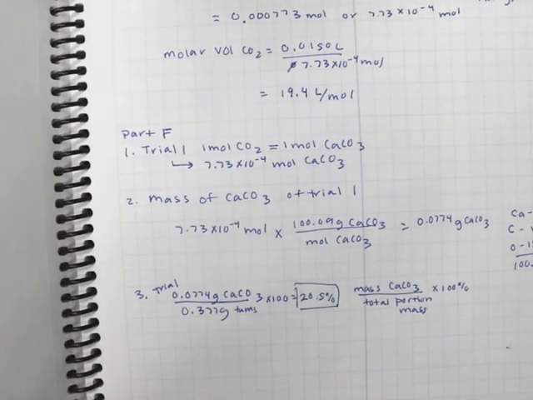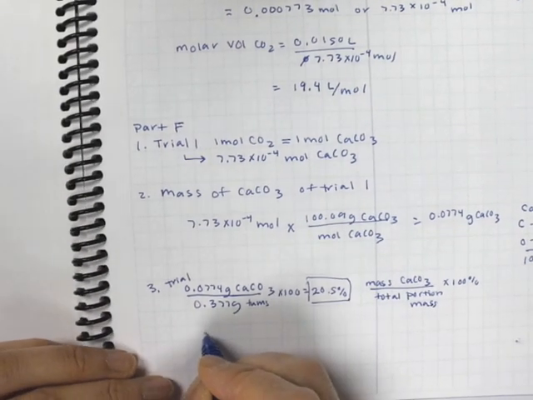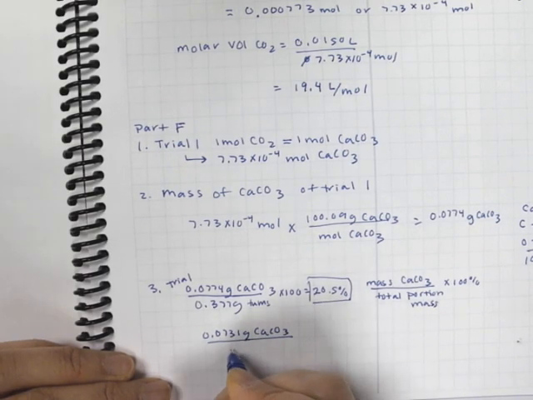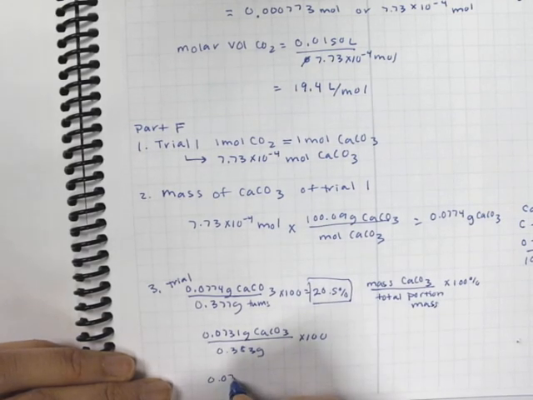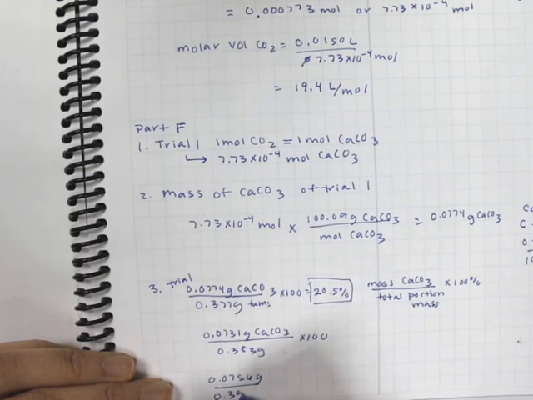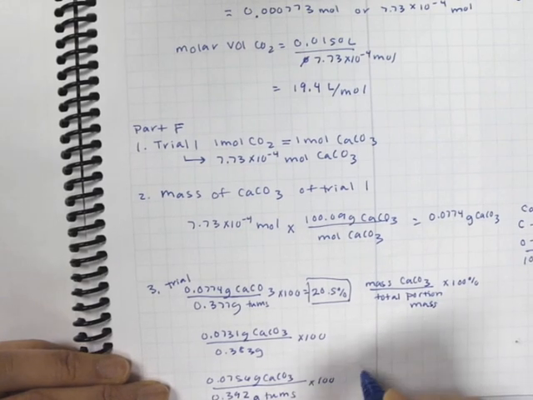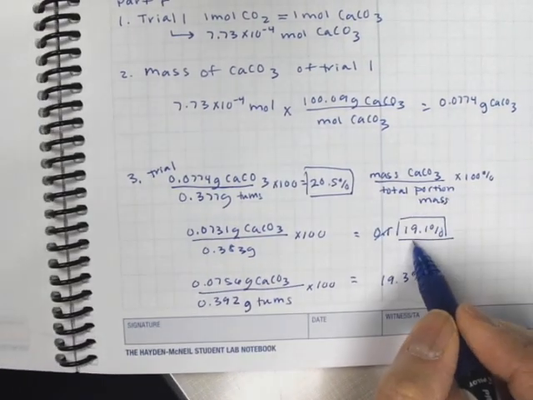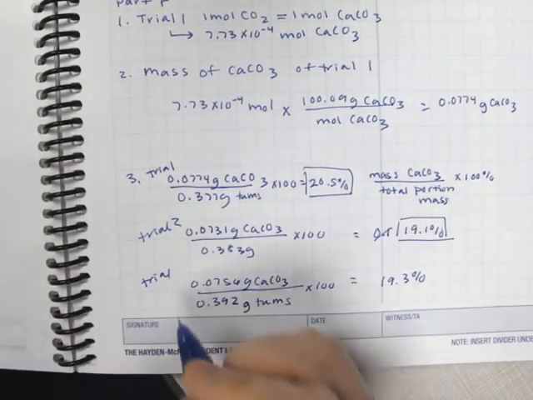And then for the total tablet. My percentages here: we had 19.1% for trial 2, and trial 3 was 19.3%.